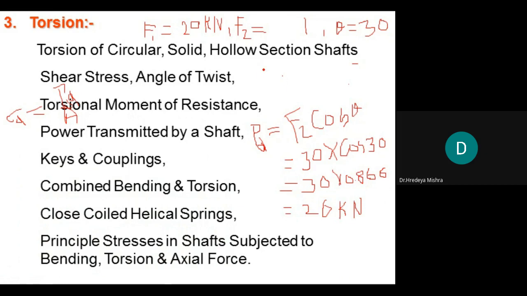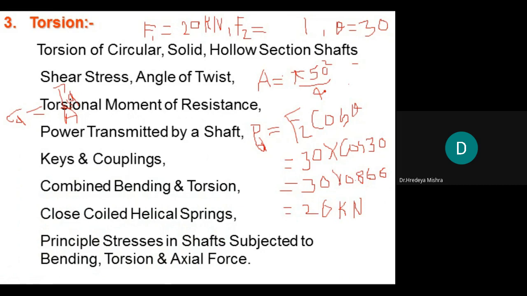Now the cross-sectional area is similar for both the bending stress and the direct stress. That is pi d square by 4. So what is the value of d? That is 50 square divided by 4.